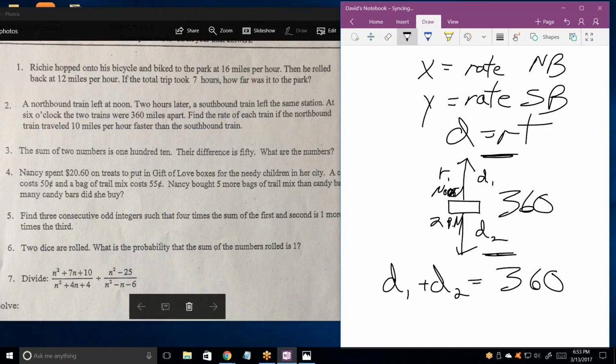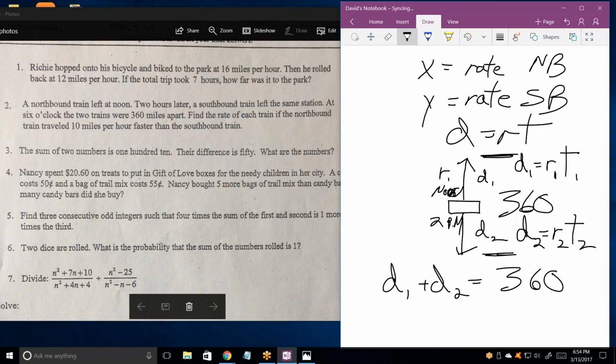Well, let's just take it one step at a time. D sub 1 is equal to the rate of the first train times the time that it's been traveling. And we'll call that t sub 1. And the distance of the second train is d sub 2, which is equal to the rate of the second train times the time that it's been traveling.